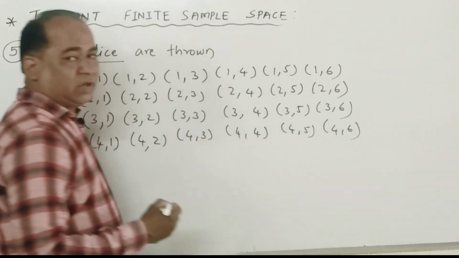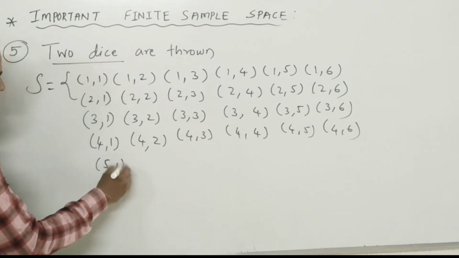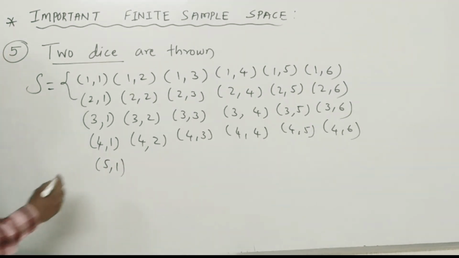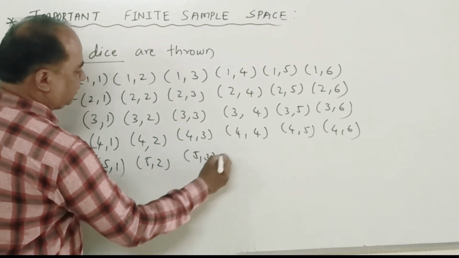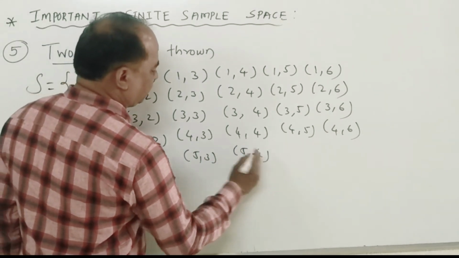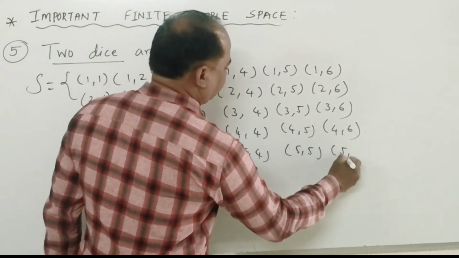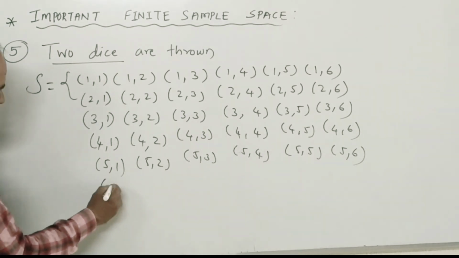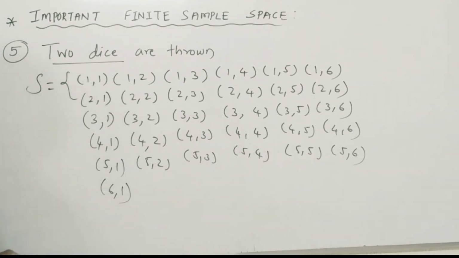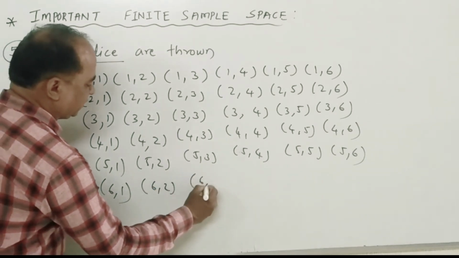Next 5: (5,1), (5,2), (5,3), (5,4), (5,5) and (5,6). And last, 6 on the first die: (6,1), (6,2), (6,3), and so on.